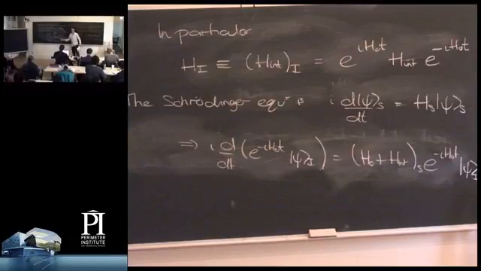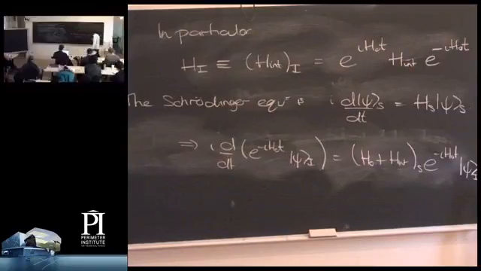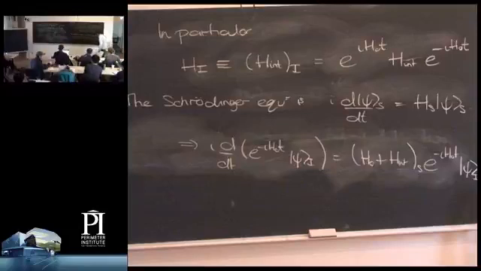You've all seen this. This last equation, in particular, applies to the Hamiltonian. But of course, H0 commutes with e to the iH0, so the H0 part doesn't change, but this last equation applies to the interaction Hamiltonian.